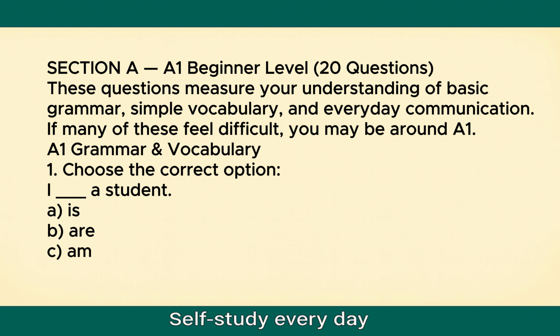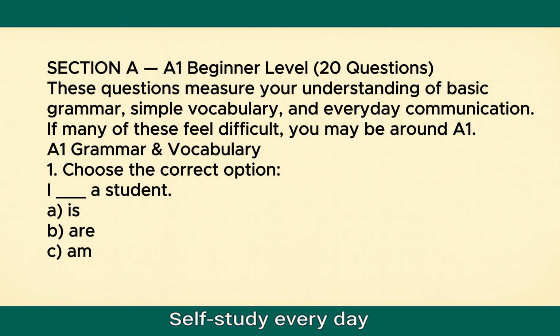Section A. A1, beginner level. 20 questions. These questions measure your understanding of basic grammar, simple vocabulary, and everyday communication. If many of these feel difficult, you may be around A1. A1, grammar and vocabulary. 1. Choose the correct option. I blank a student. A, is. B, are.